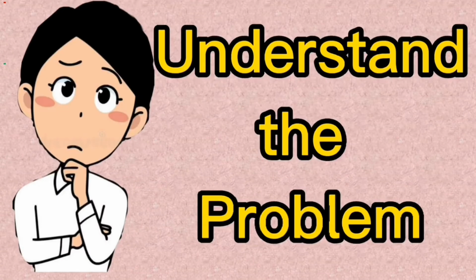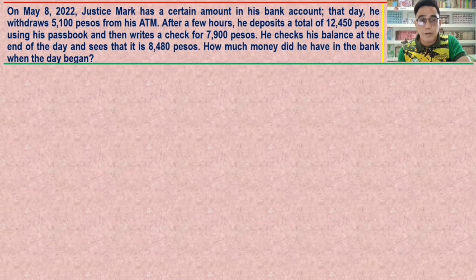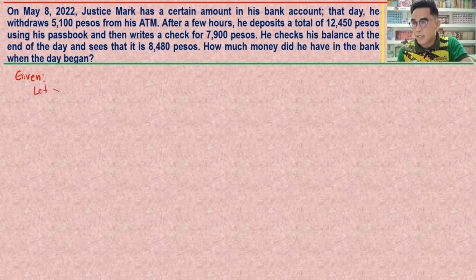Understand the problem. We can understand the problem by simply listing down all the important details as follows. We know that Justice Mark has a certain amount, so we let X be the certain amount. Then let's list the transactions made by Justice Mark that day.